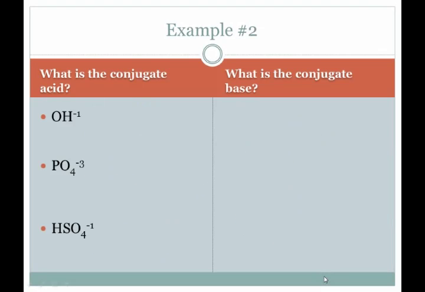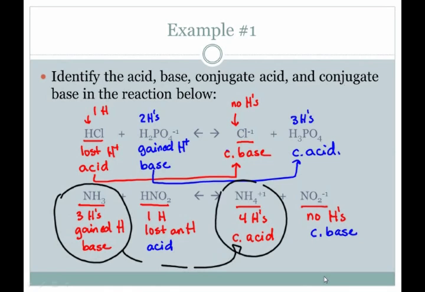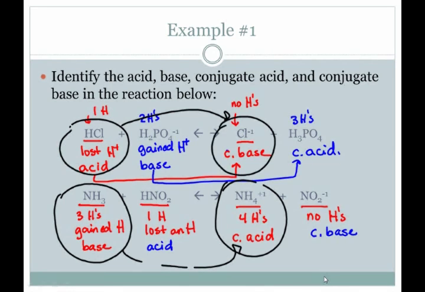You might be asked to determine what the conjugate acid or the conjugate base of something is without the context of a reaction. And so it might be helpful to go back here and notice that when I had, say for example, my base, and it formed the conjugate acid, I always added one H+. On the other hand, if I had an acid, and I formed the conjugate base, I always lost one H+.